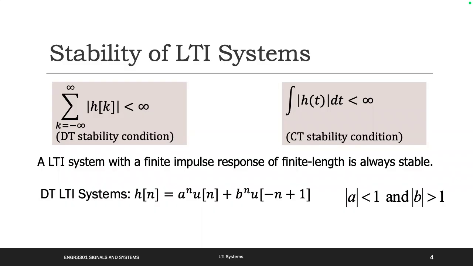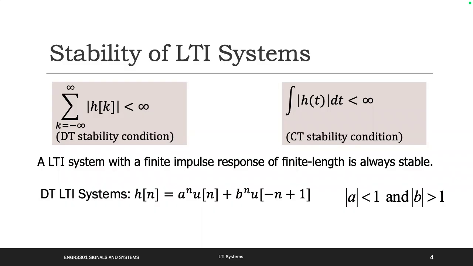If the absolute value of a is smaller than 1, for example 0.5, and n is greater than or equal to 0, then it will be just like this. This is a half, this is a quarter, like this, right? And then you can use the geometric series to calculate it.